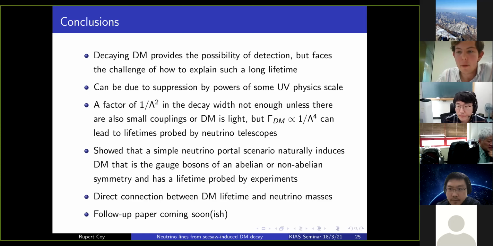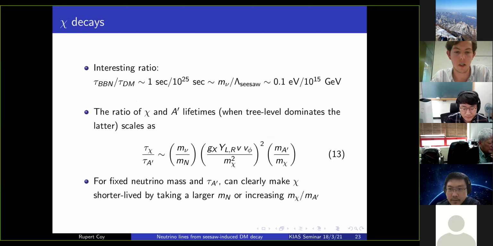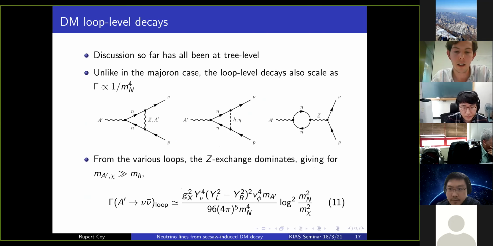It's not very robust, and I'm not going to pretend that it's a one-to-one relation. But it's the fact that the same parameters, namely the Yukawas and the sterile neutrino mass, that enter into the light neutrino mass matrix also enter into the dark matter lifetime. If we look at the width, you have things like the Yukawa to the 4th, the m_N to the 4th. There are obviously other factors, so I can't measure the lifetime of the dark matter and say therefore the neutrino mass is this.